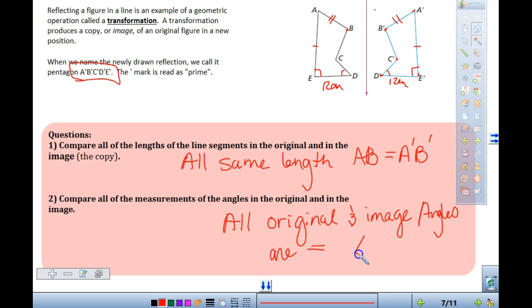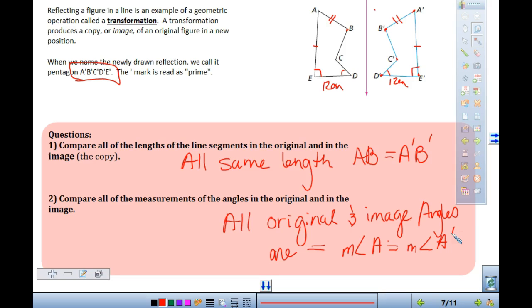Meaning angle A is going to be, this is the symbol that we use for equal or congruent. So if we say the measure of angle A is equal to the measure of angle A prime. We could write that for B prime and C prime and for each one of them.